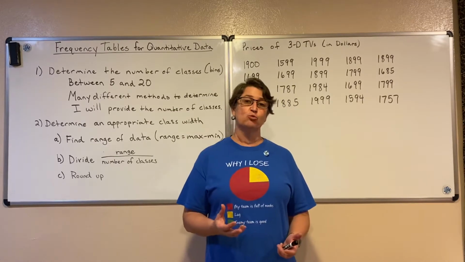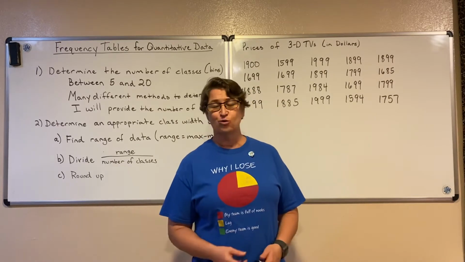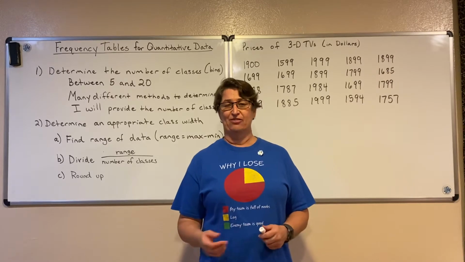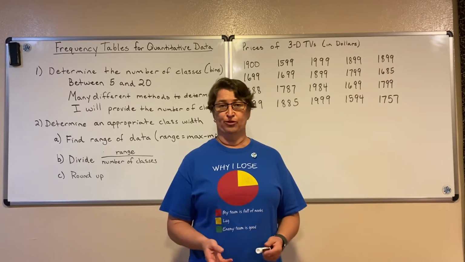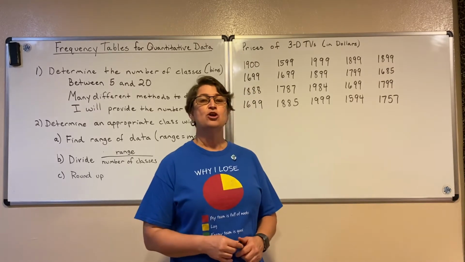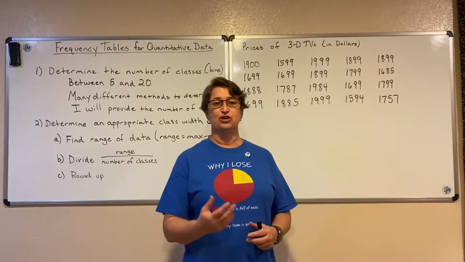There are a couple of different ways to determine how many classes you need, but a lot of them involve upper level math, like maybe finding a logarithm. We may not know yet how to find a logarithm, so I'm always going to give you the number of classes that you're going to need.